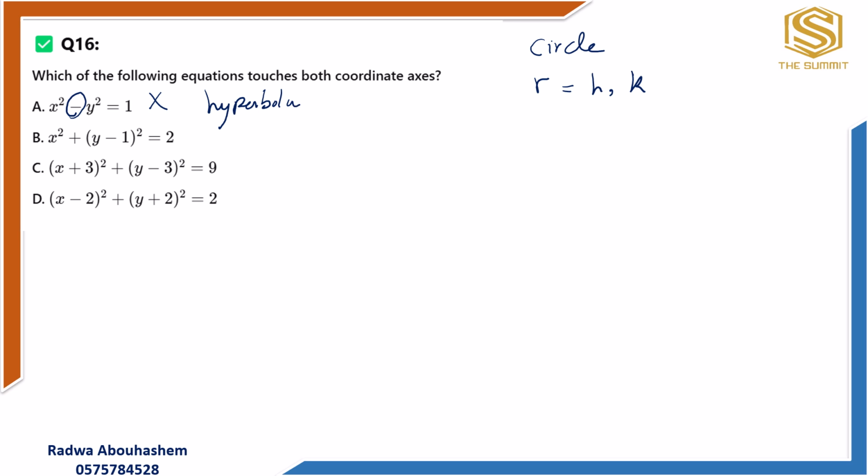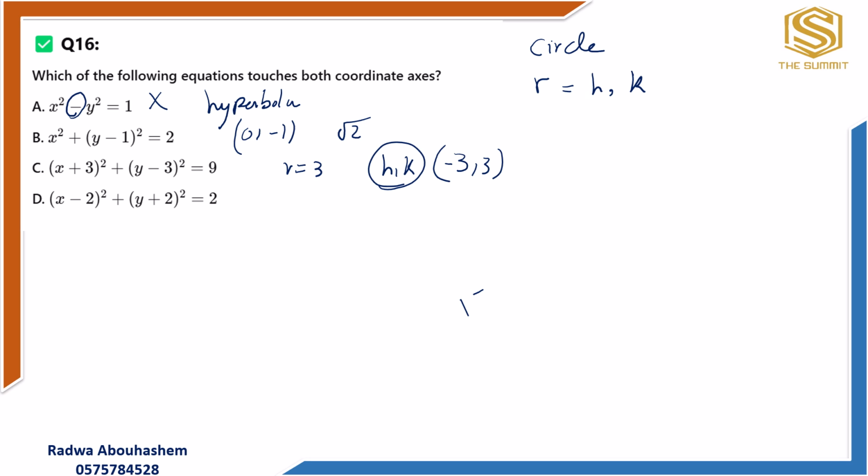Now here, x power 2, this is 0, and negative 1 is the center, and the radius is root 2. Doesn't match. Here, the radius is 3, and h and k here are equal. It doesn't matter about the sign, the sign is just about the direction.